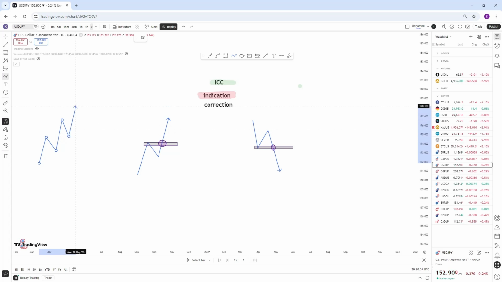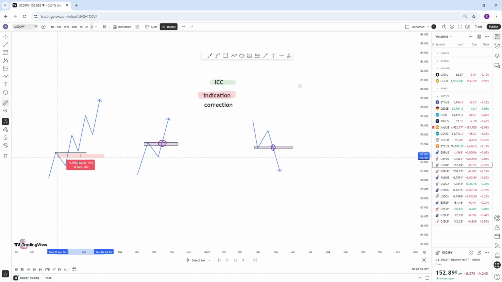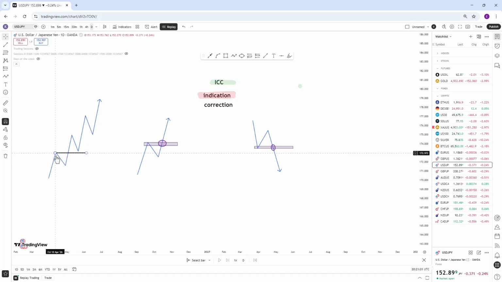So what happens in an uptrend? You can see there are continuous breaking of highs in the market and continuously making higher lows. That's an uptrend, right? So a break from here, this is an uptrend.